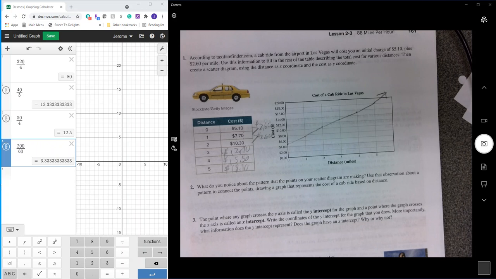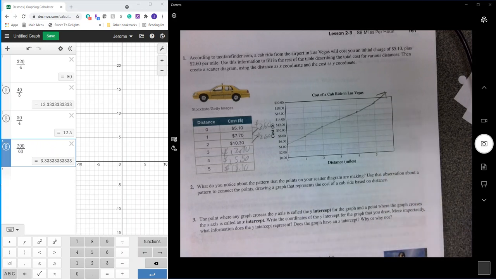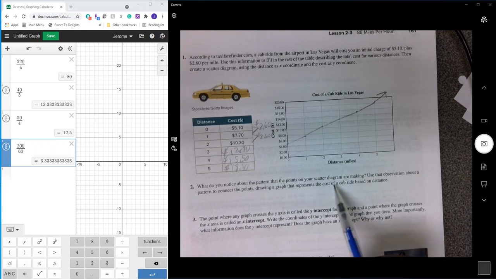Now it says, what do you notice about the pattern that the points on your scatter diagram are making? Use observation about a pattern to connect the points, drawing a graph that represents the cost of a cab ride. Now, again, if you travel more than 5 miles, this is what the arrowhead is telling you here. And then it says, what do you notice about the pattern?